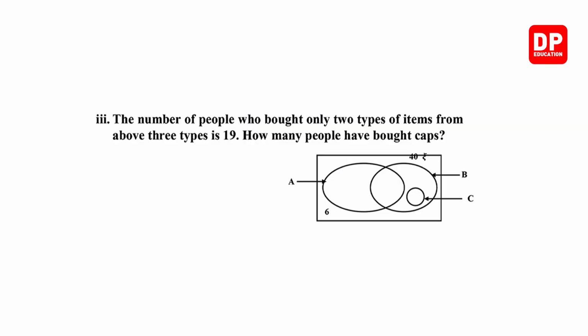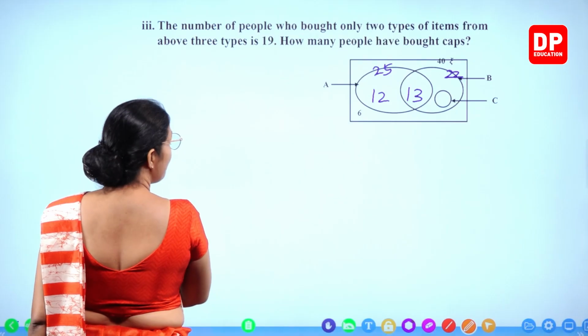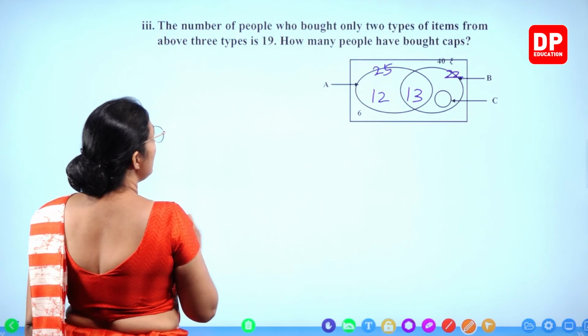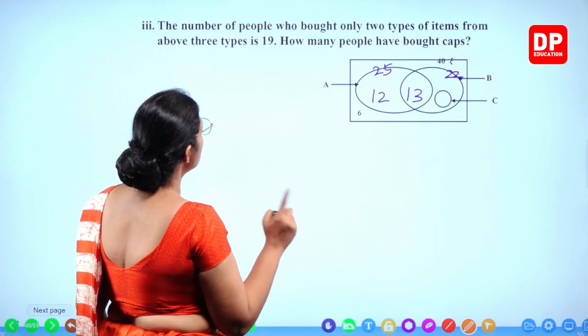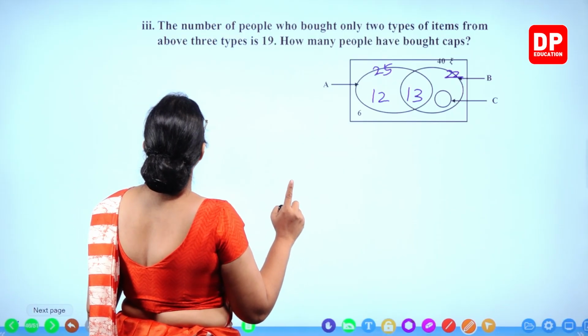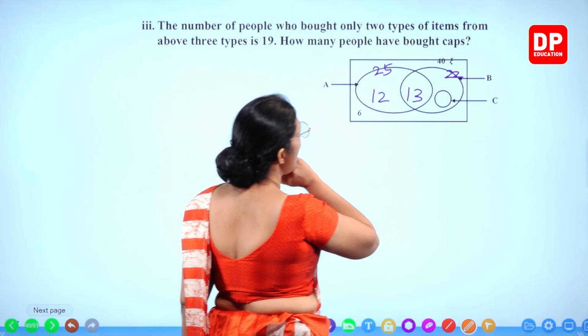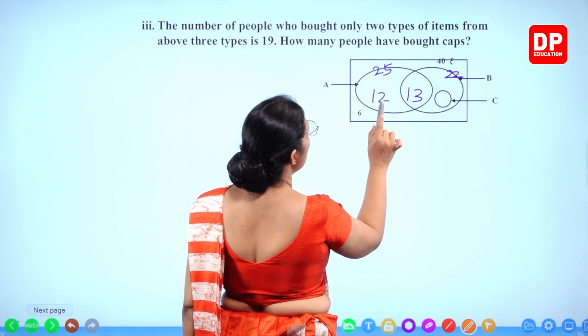The number of people who bought only 2 types of items from above 3 types is 90. So we found this is 12, 13, and this is 25, and this is 22. And it says here only 2 types is altogether 90. 2 types means this is only umbrellas.